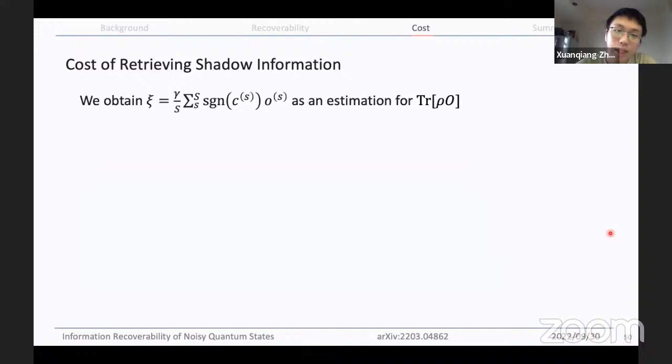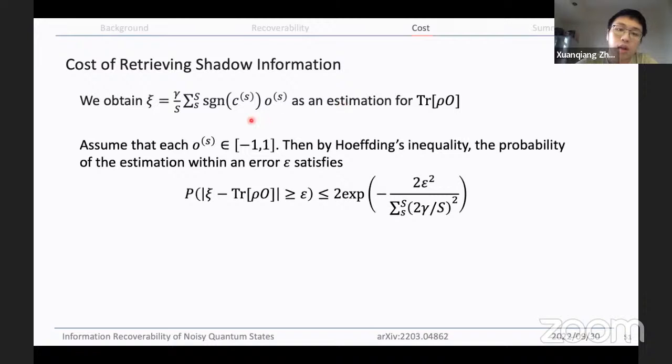If we further assume that the measurement result O lies within the interval from -1 to +1, then by Hoeffding's inequality, the probability of the estimation being within a certain error epsilon satisfies this inequality. On the left-hand side, we have the probability that the estimation has an error larger than we expect.